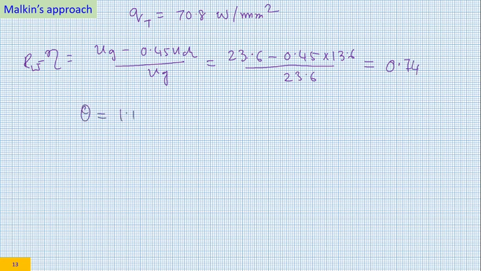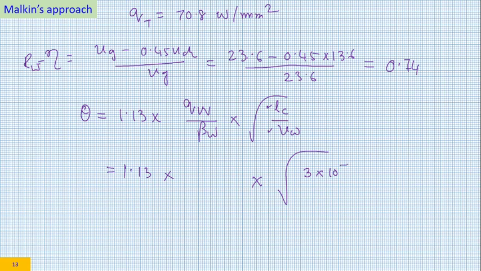So what was theta? Theta was 1.13 into QW divided by beta W into root over LC by VW. This is a distance unit, this is a velocity. So I will put that in the first place. LC was 3 millimeter, so I am taking it in meter.